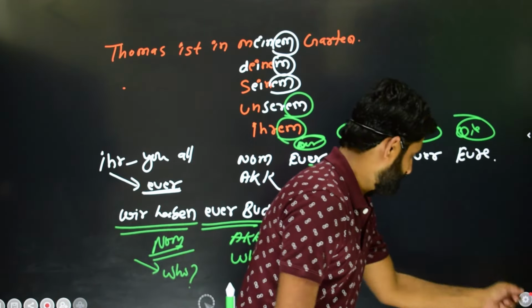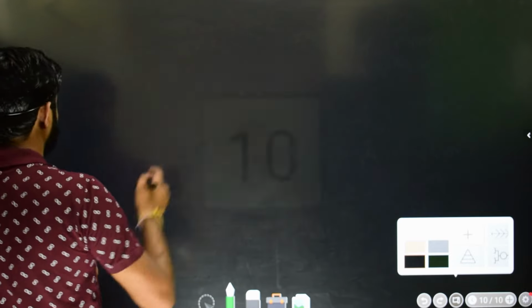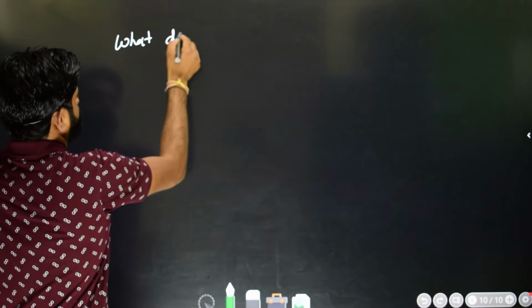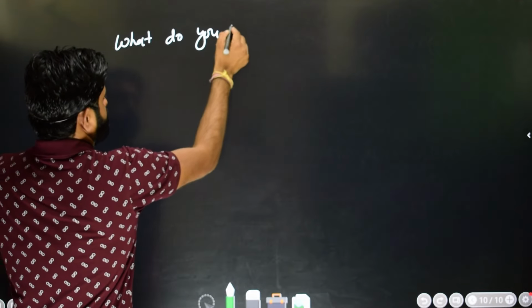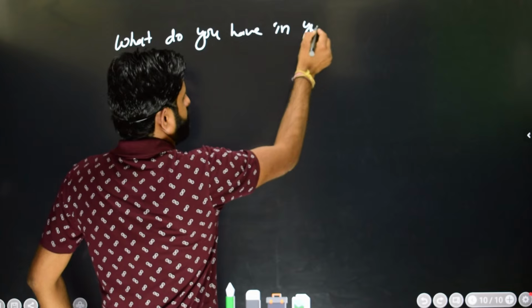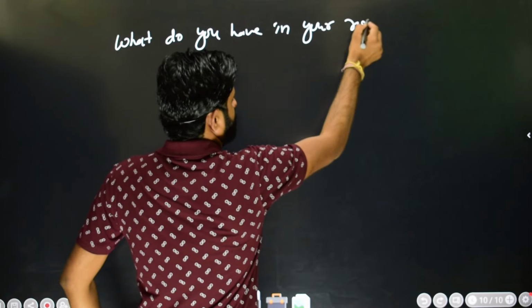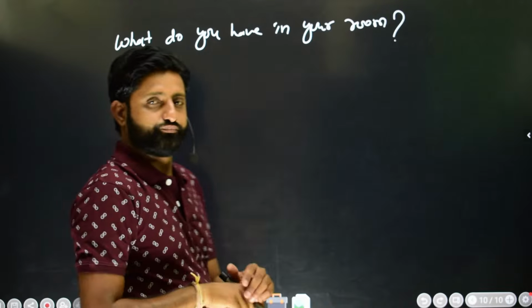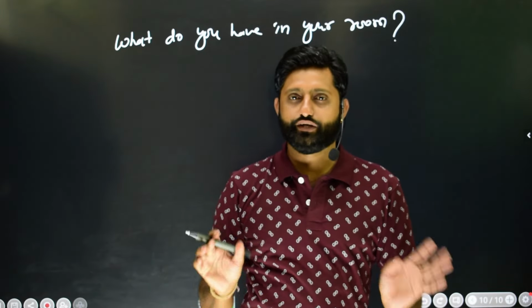We can take more examples. What do you have in your room? So what I did here, I mixed the grammar: WH question, accusative, wechsel preposition.